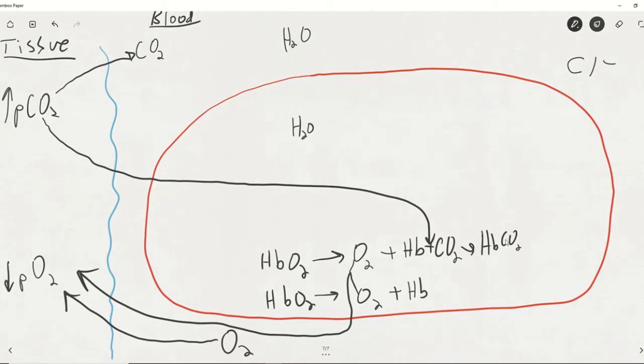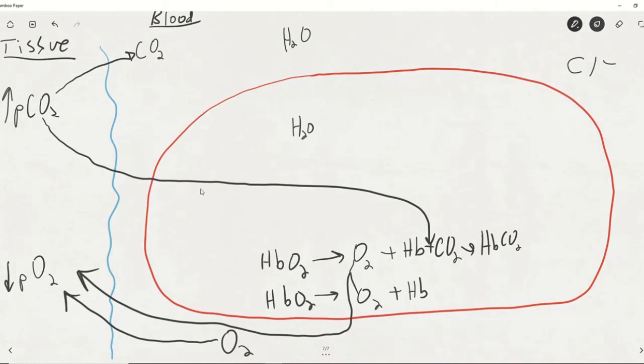Now, before we look at the other stuff that CO2 does, I want to go back to this oxygen that fell off. I said that what I originally said isn't really what happens. Let's look at what really happens. When CO2 comes in, remember, CO2 likes hemoglobin more than oxygen does.